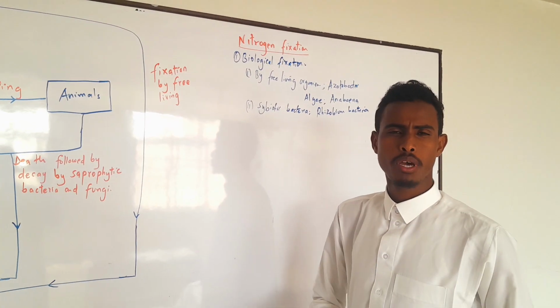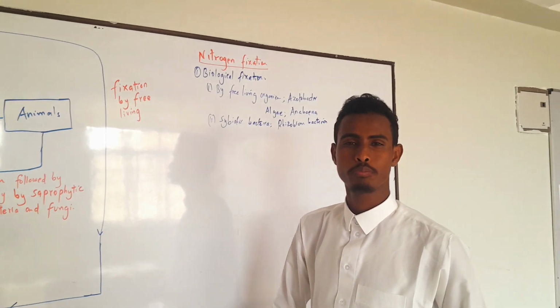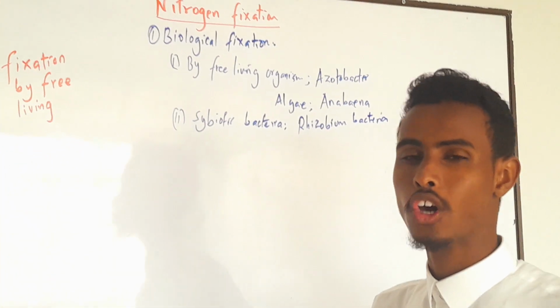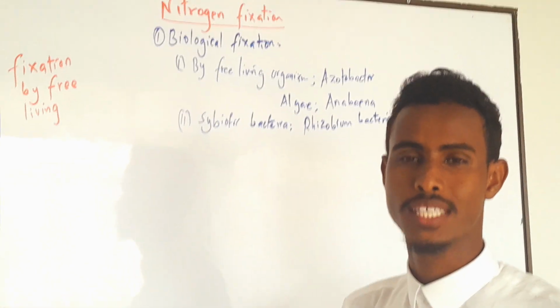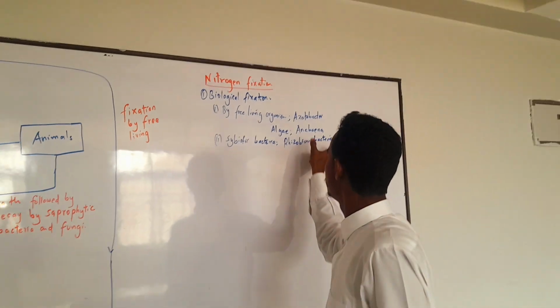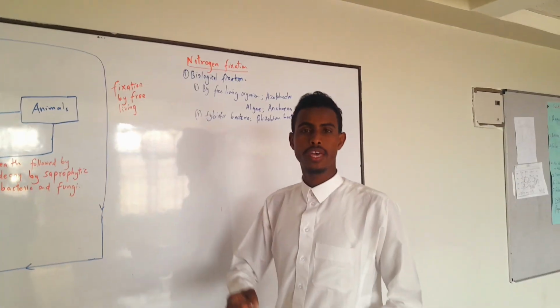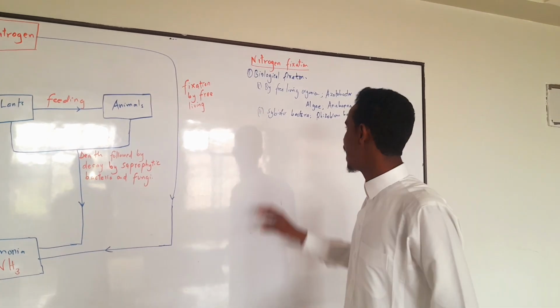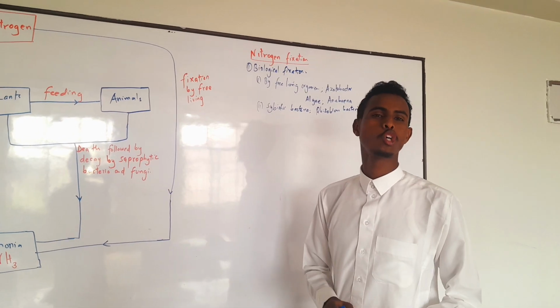What the Rhizobium bacteria does is that it fixes free nitrogen and converts it into a form that is ammonia and is being absorbed by the plant. Meanwhile, the Rhizobium bacteria gets food from the plant.